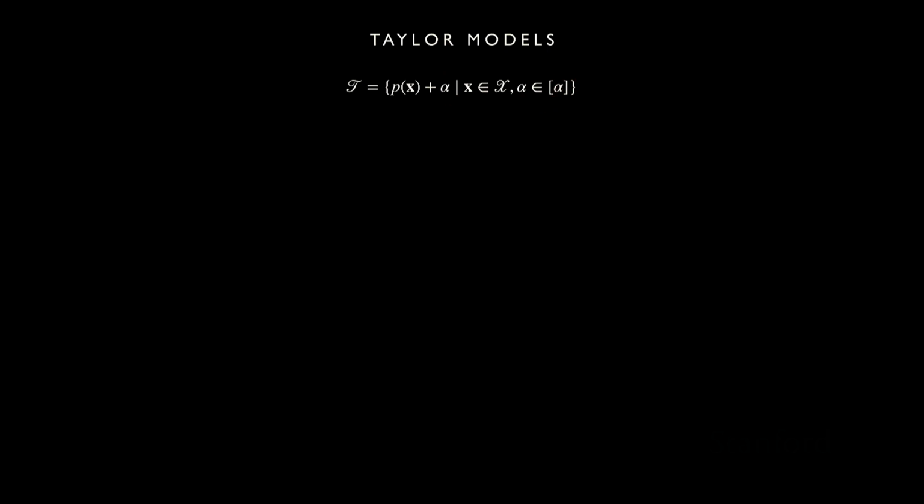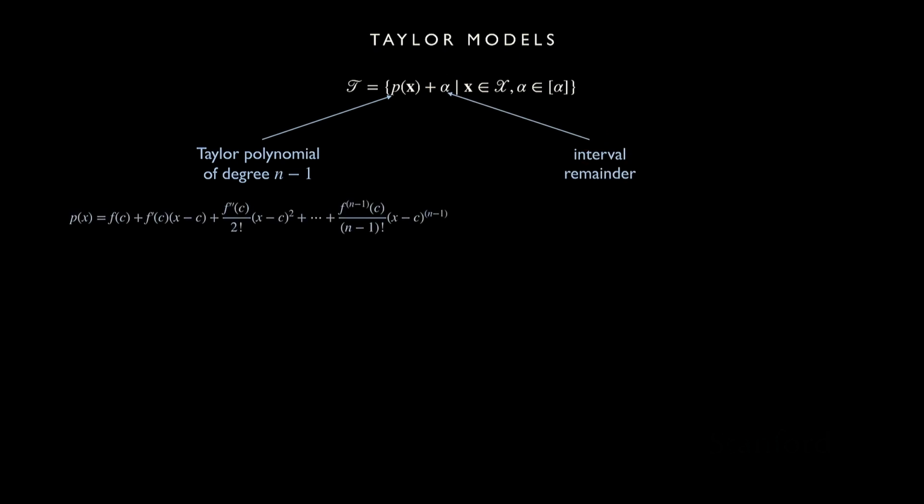The idea here is that the polynomial is actually just the Taylor polynomial of degree n-1. So if we have a Taylor model of order n, we're going to use the Taylor polynomial up to degree n-1. And then the alpha here is just an interval remainder. You can think of it like a remainder, which I'll explain in a second. The Taylor polynomial just looks like this.